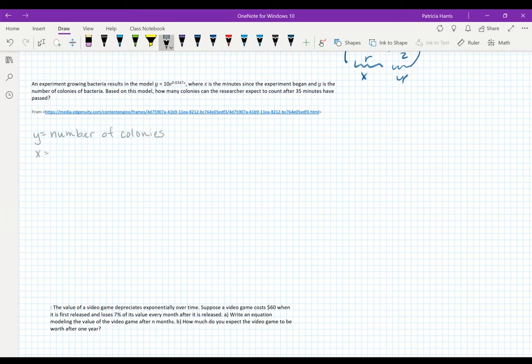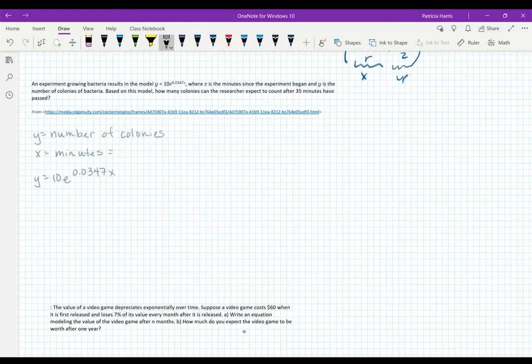X is in minutes. And our model is that. We want to know the number of colonies after 35 minutes.